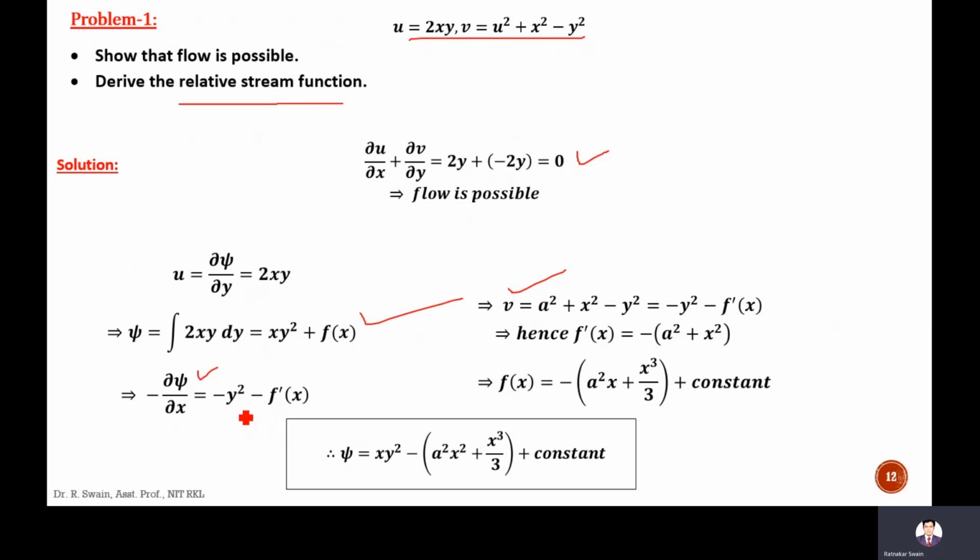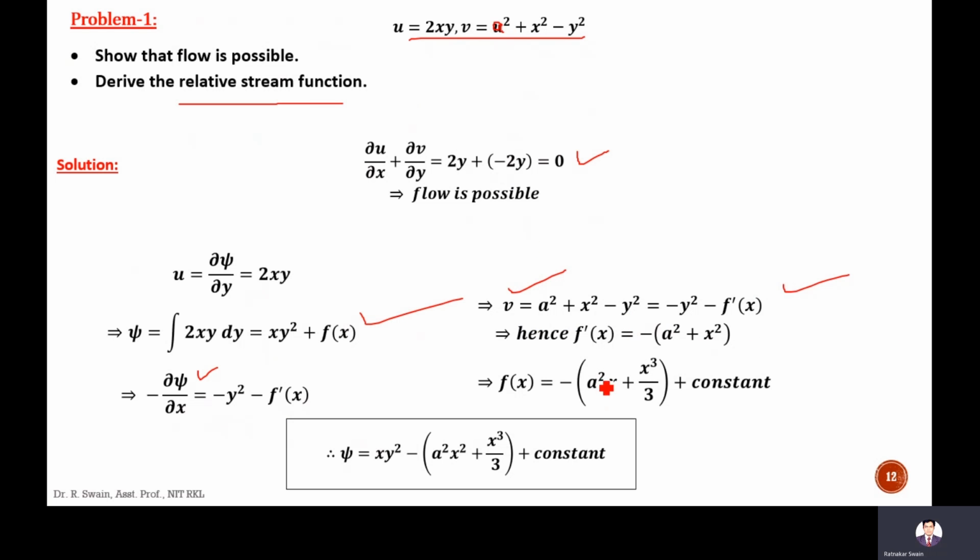That means v is already given, that is a square plus x square minus y square. So a square plus x square minus y square is equal to minus y square minus f dash x. Hence f dash x, if you simplify this equation, you will get minus of a square plus x square.